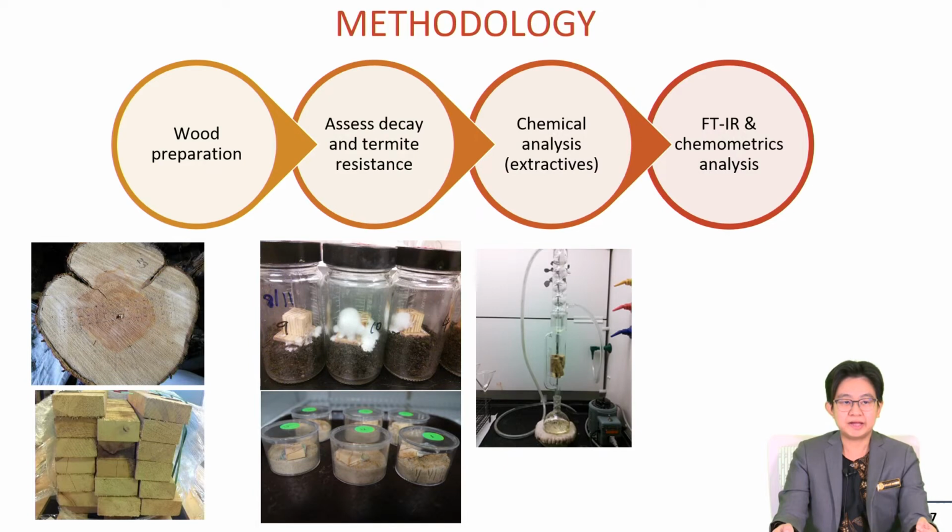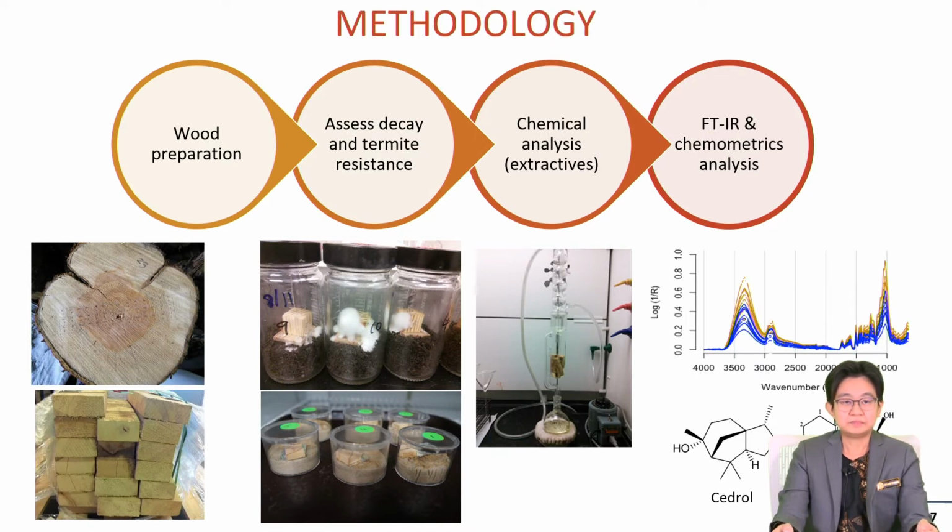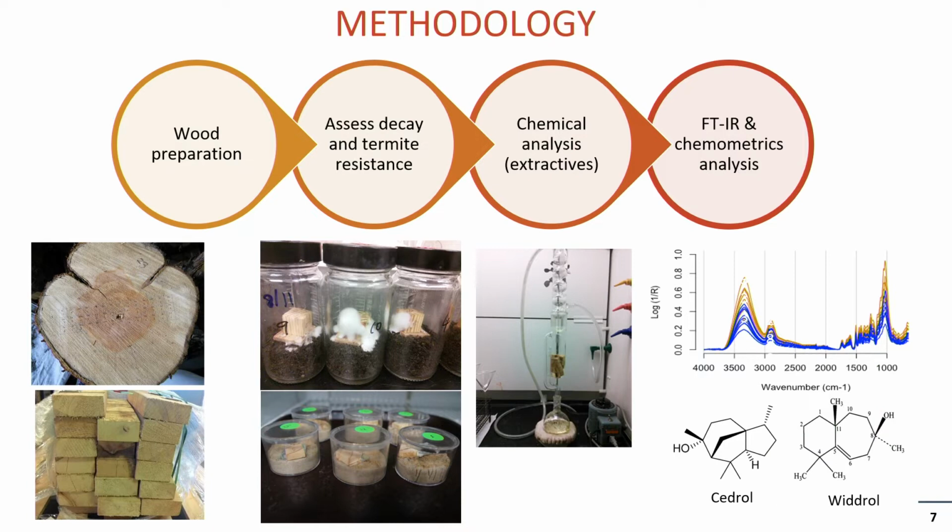This is followed by the chemical extraction, where we analyze the amount of extractive inside each of these timbers. Finally, the samples will be run under the FTIR to identify the important extractives that contribute to the durability in the species, and then we did the chemometric analysis.